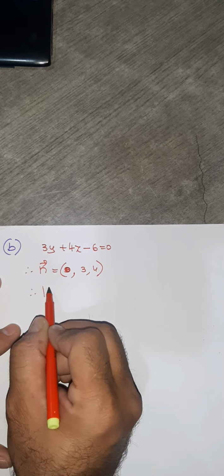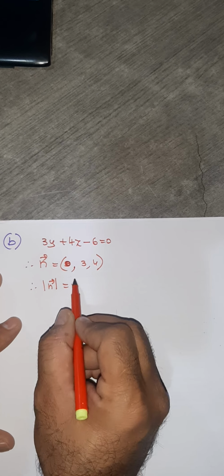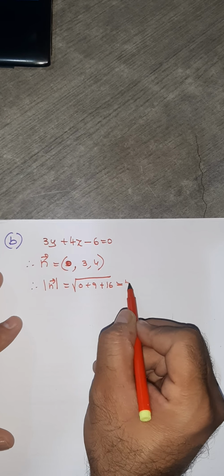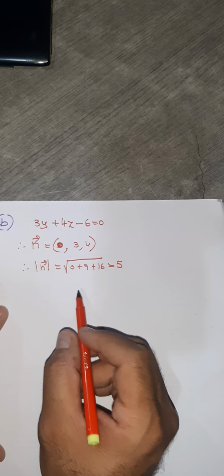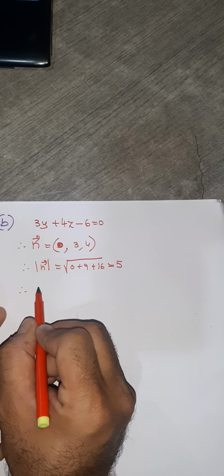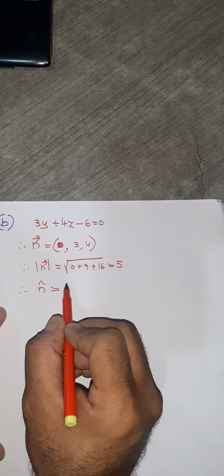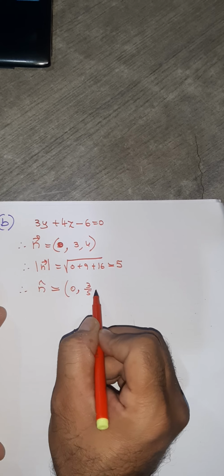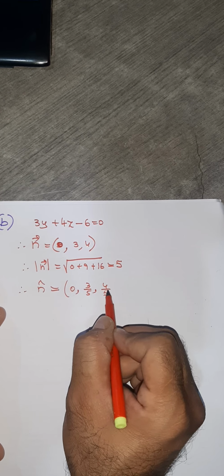Get its magnitude. Which is 0 plus 9 plus 16, which is nothing but 5 here. Therefore the unit vector n cap will be 0, 3 by 5, 4 by 5.